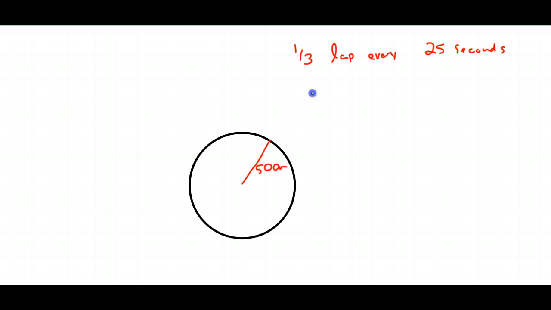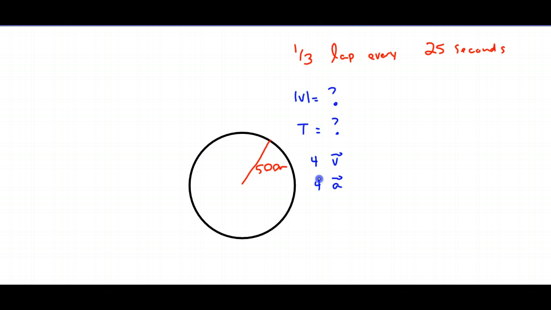And the question then is, how much is the magnitude of its velocity? How much is its period? That is, how long is it going to take to travel around once? And draw at least 4 velocity vectors and 4 acceleration vectors. Okay. So go ahead and try to do this. Pause the video and then come back.